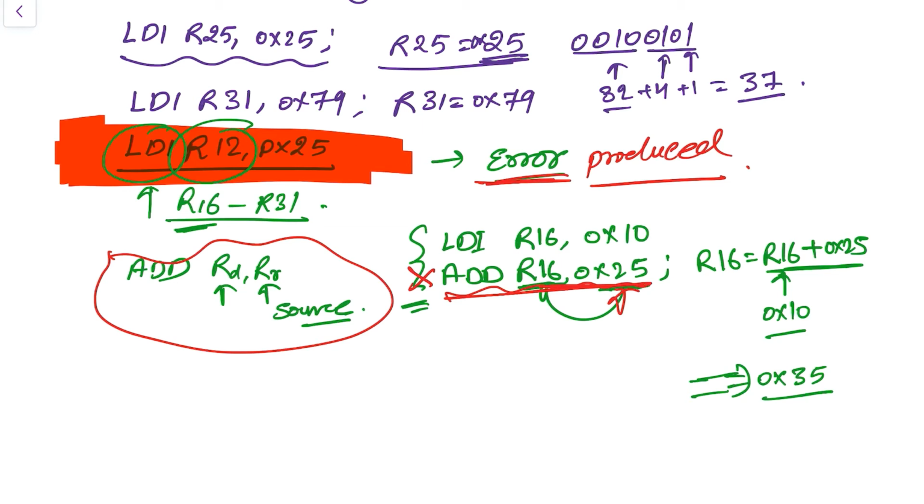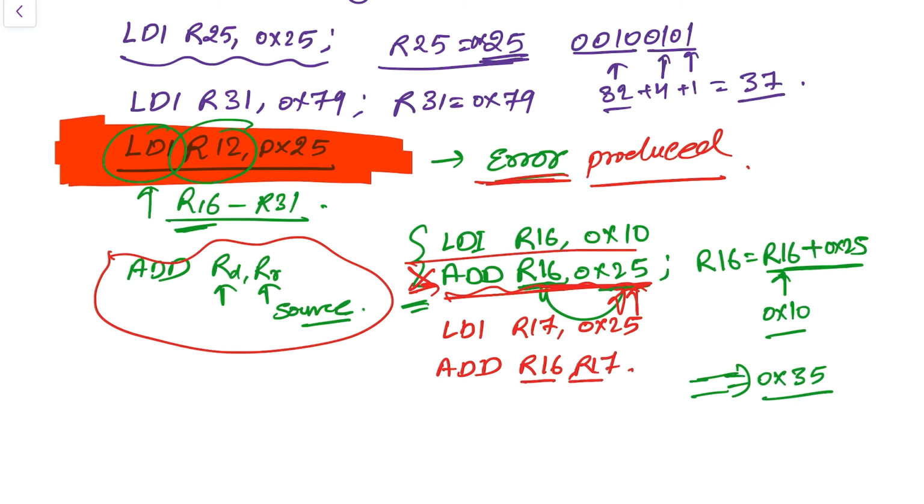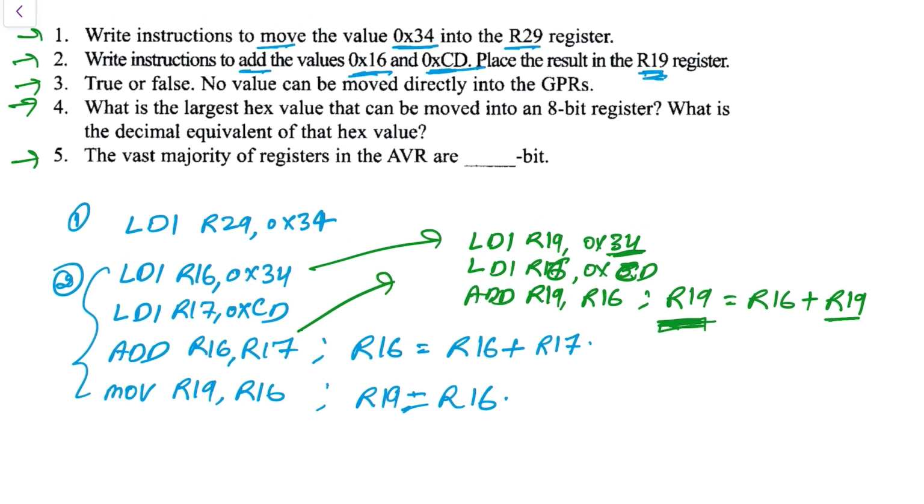So what we need to do, before we add here, is LDI into R17, let's say 0x25, and then finally we can add the R16 and R17 registers here. So this instruction was wrong earlier. Okay, great. I'm extremely sorry if this caused a problem for you.